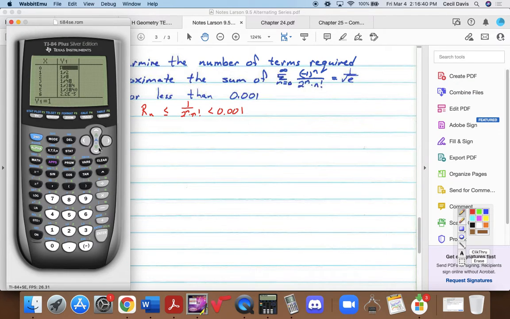So look for the first place where this is less than 1/1000th, and it's right there. So I would have to go to 5 places to get a term less than that. So I only need to add the first 4.